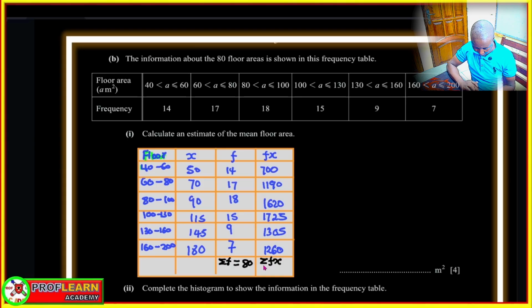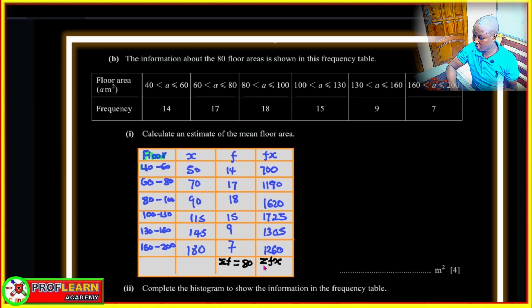Yeah, this is 700 plus 1190 plus 1620 plus 1725 plus 1305 plus 1260, which is going to translate to what?